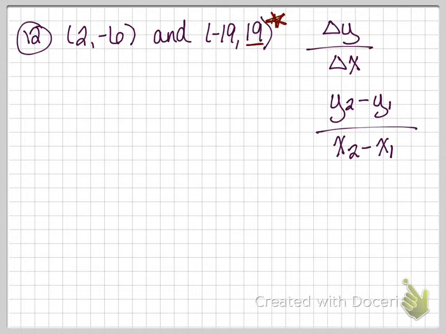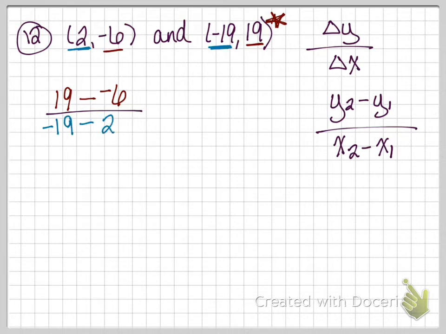So I have 19 minus -6. Then I'm going to do -19 minus 2. 19 minus -6 becomes plus a positive, and that's 25.